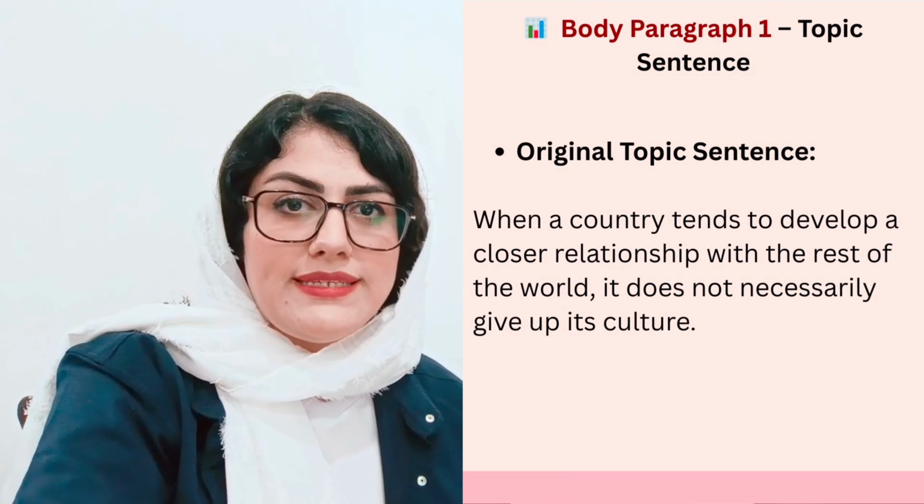A topic sentence introduces the main idea of the body paragraph. Here it clearly states that closer international interaction does not automatically erode culture. Right away, the examiner knows what this paragraph will argue: that globalization can have a positive or neutral effect on cultural identity.